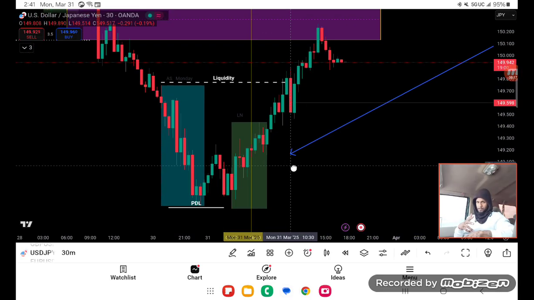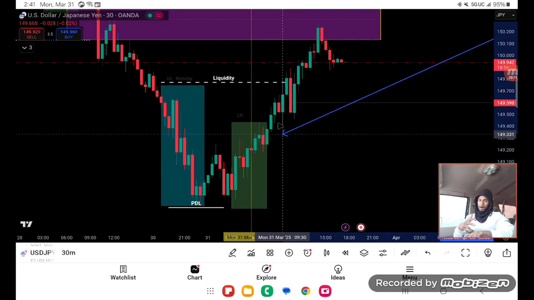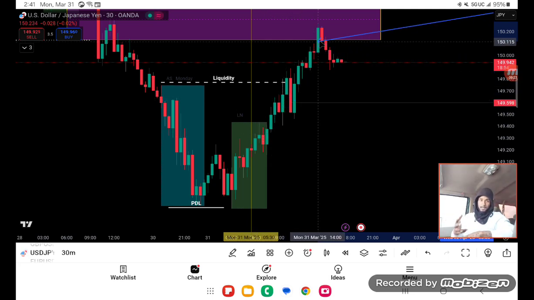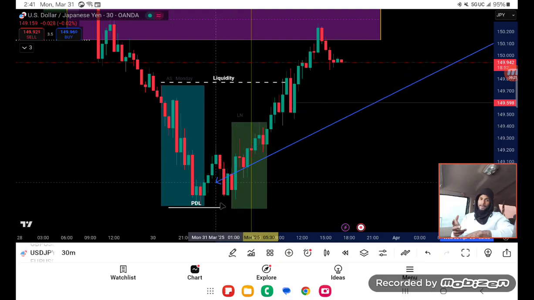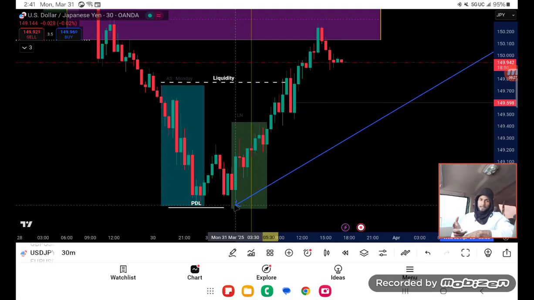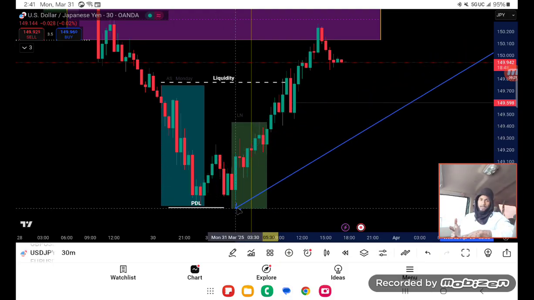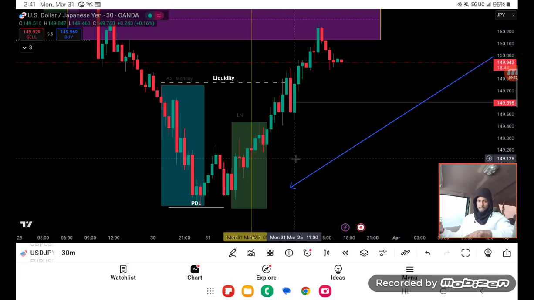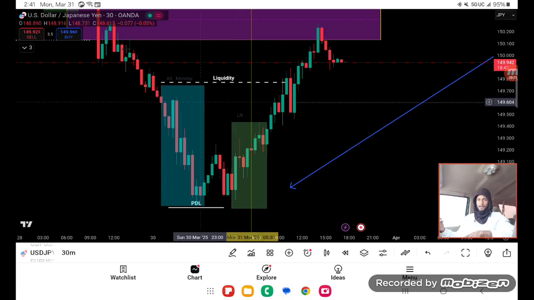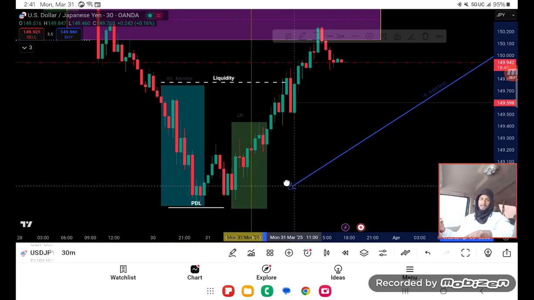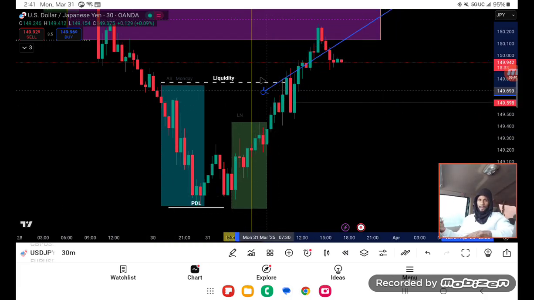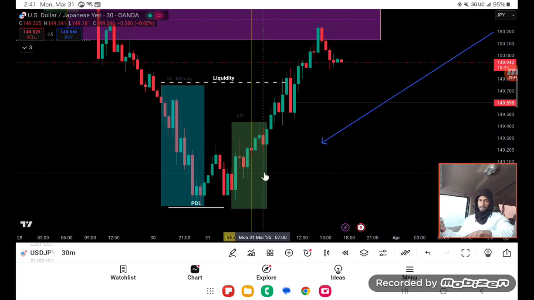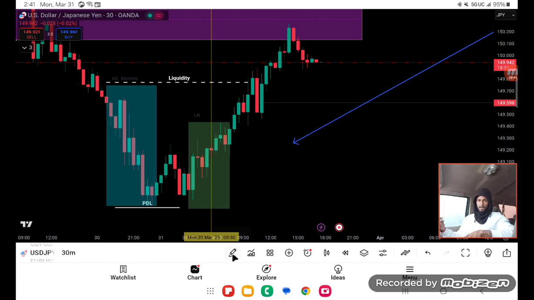So our first initial target, in between this 4-hour fair value gap and this London session low, which would also be today's low of the day, we're looking to go towards Asia session's high right here. There's liquidity up there.